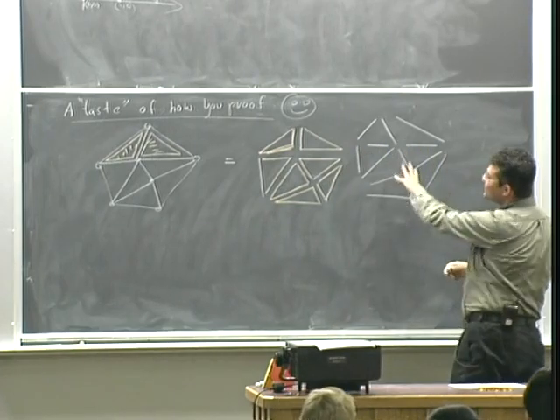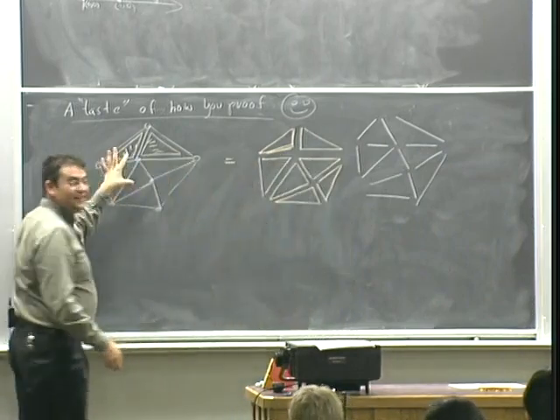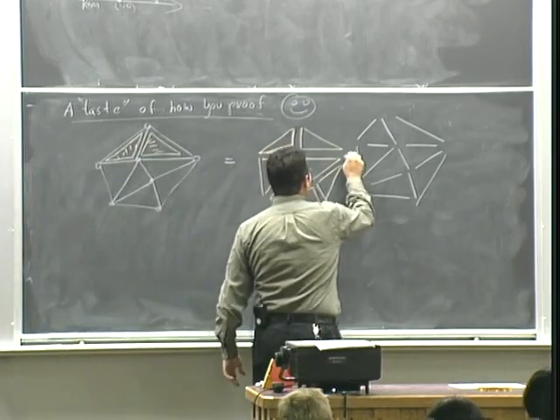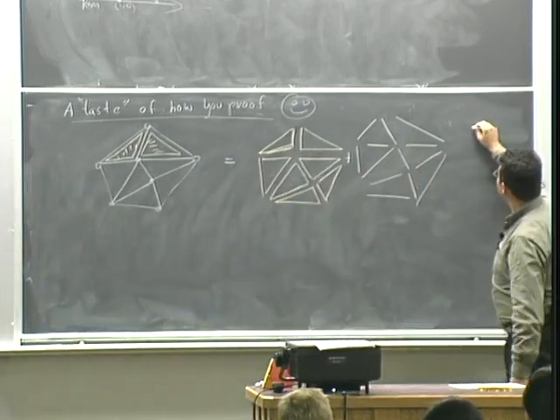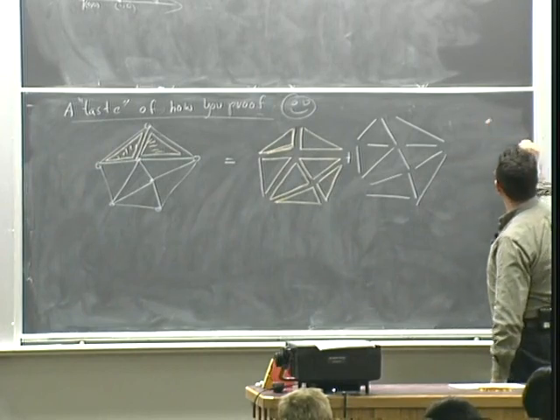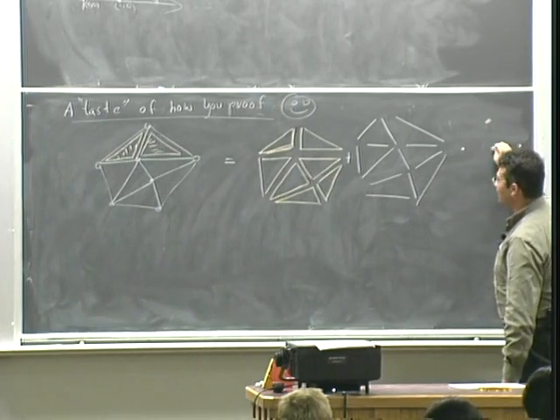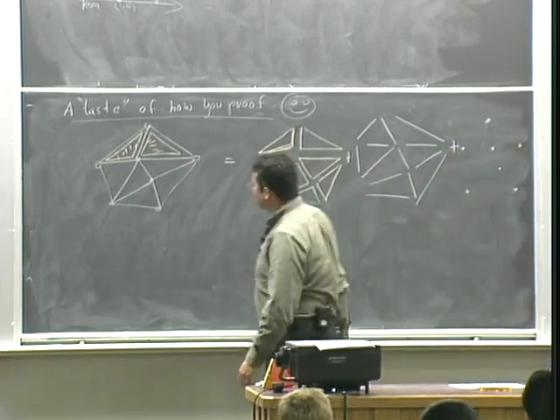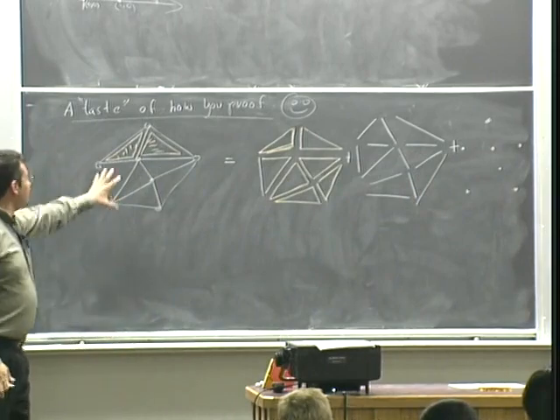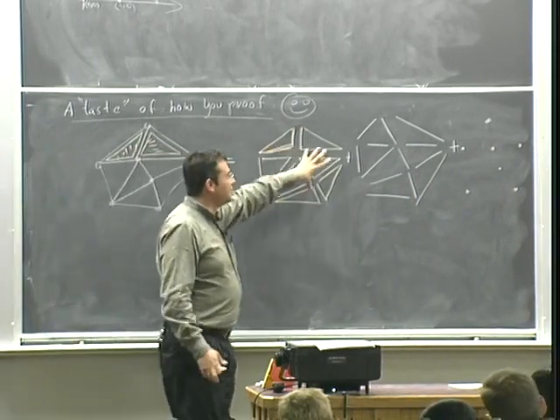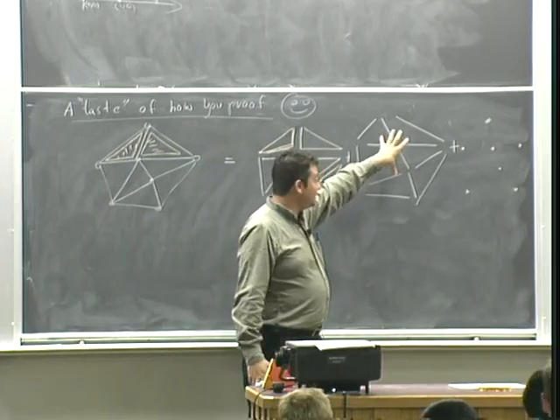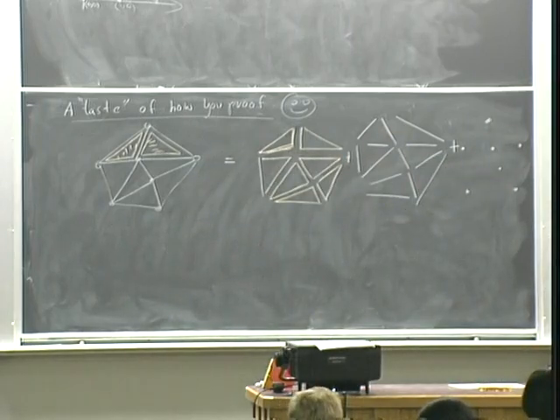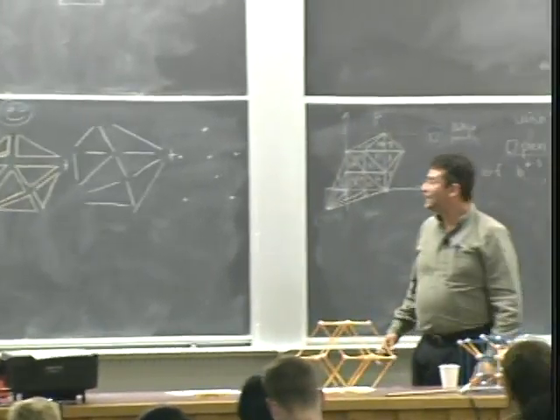So those are the edges of this triangulation, you see? Just the edges. And then finally, you have to put plus the vertices. So the number of lattice points here can be broken into the number of lattice points here plus the number of lattice points in these pieces plus the number of lattice points in these pieces. Does that make sense?